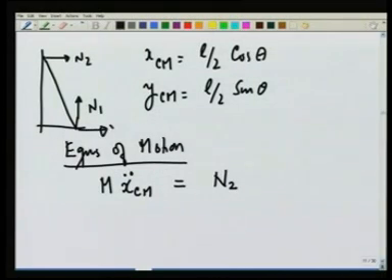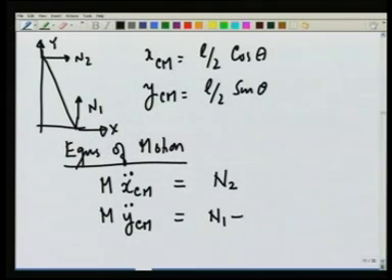This is x direction, this is y direction. Mass of the ladder times y cm double dot is going to be equal to n1 minus m g. That is for the translation of this center of mass. Equation 1, equation 2. On the other hand, it also rotates as it moves, and it is rotating like this.